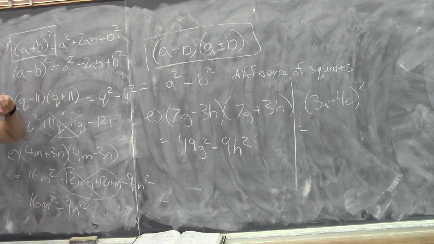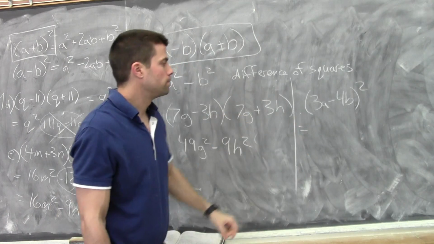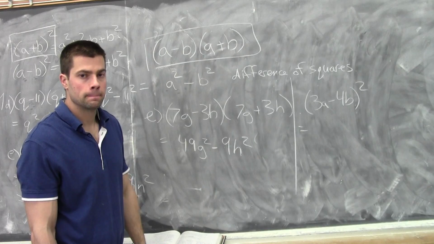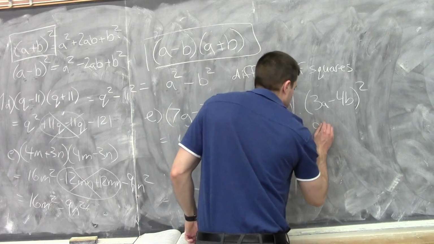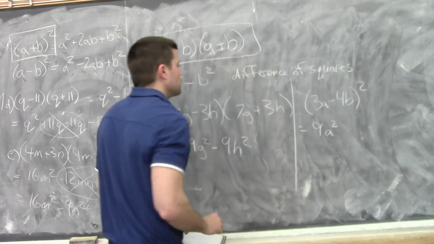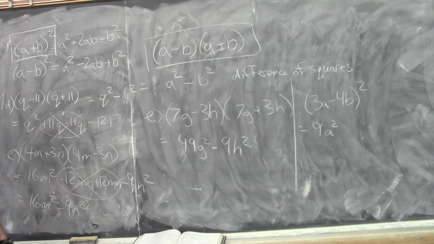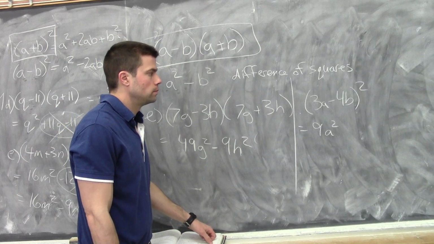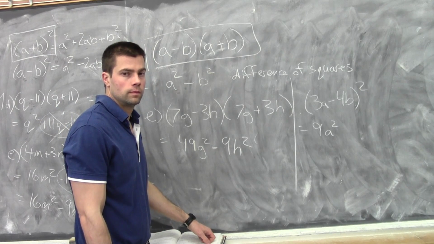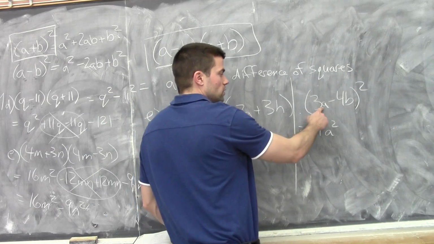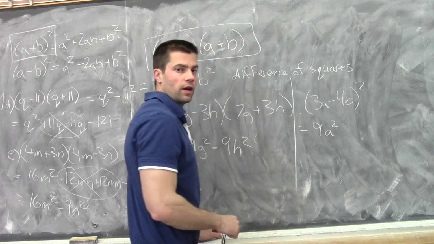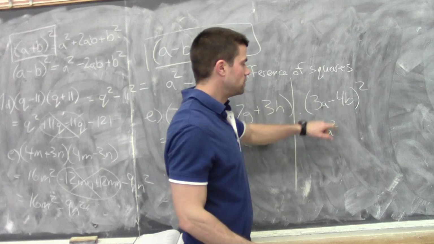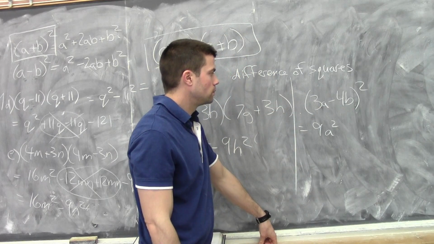So what's a squared over here? Would equal 9a squared. Good. Now it's negative 2ab. So it works better if I draw it out. Yeah, okay. Well, what's ab? Let's think about that. What's this times this? 12ab, negative 12ab. Good.